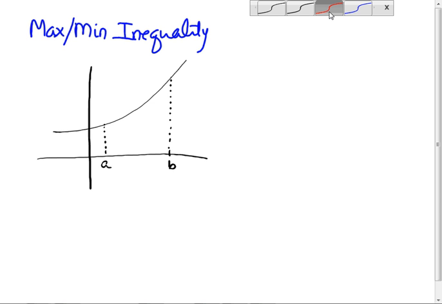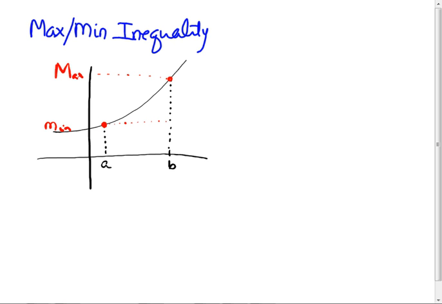Now, on this closed interval, this is the minimum value, right? And this would be the what? Max. Okay, so that's capital M for max, and this is little m for min.